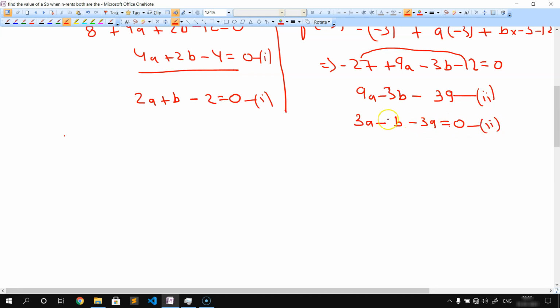Now we can see that b will cancel out if we add the equations.